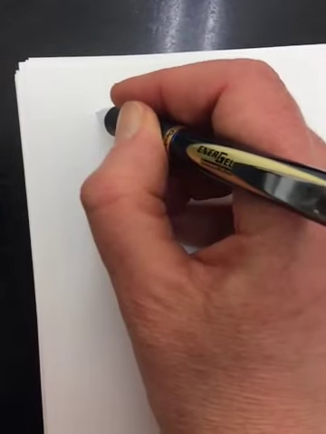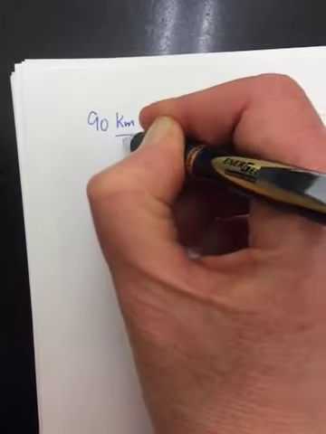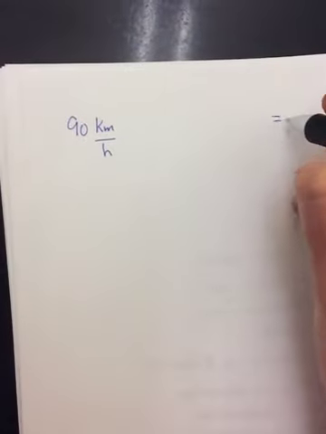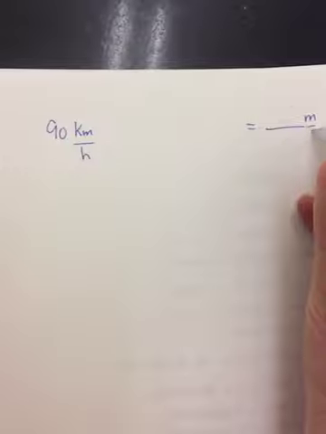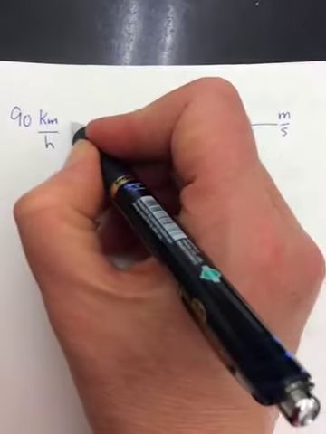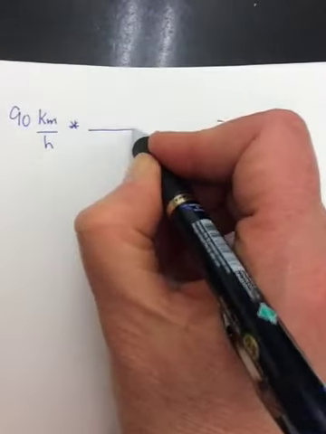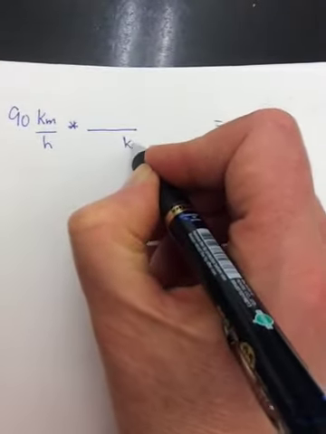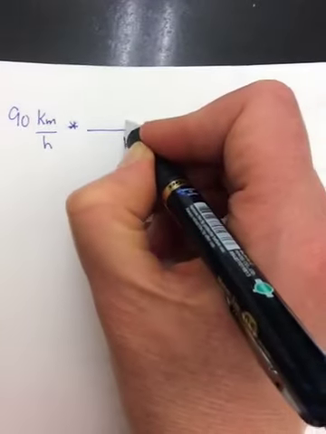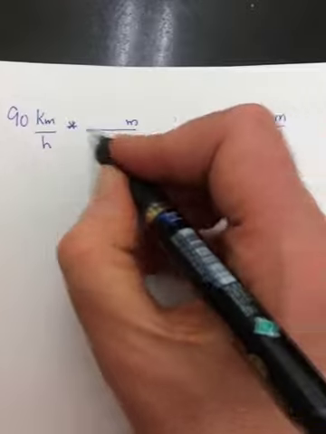So let's suppose I want to change 90 kilometers per hour into something that's meters per second. Okay? So I need a conversion factor that's going to change kilometers into meters. If I want to get rid of the kilometers, I'm going to put it on the bottom.